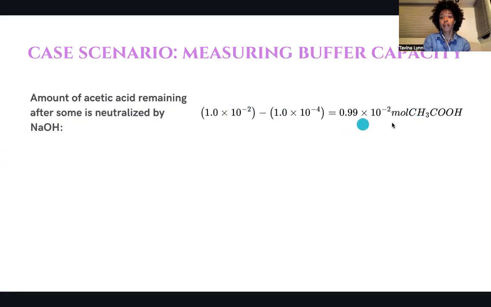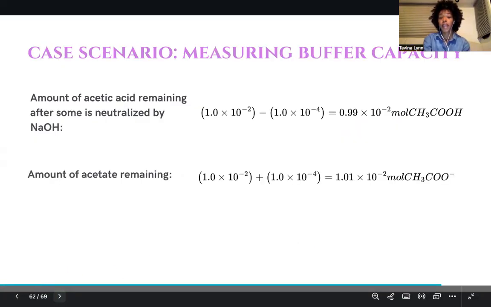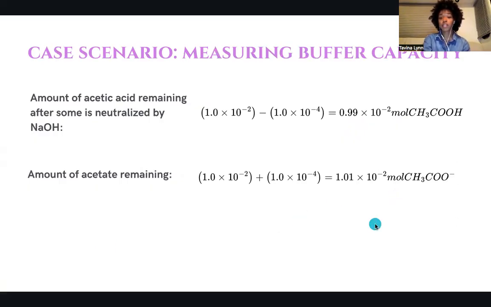So we have 0.99 times 10 to the minus 2 moles of acetic acid left over after it's neutralized by base. And the amount of acetate we have left over is 1.01 times 10 to the minus 2. So here we're going to add the amount of sodium hydroxide that is added to neutralize our acid. So we have our final molar amounts of acetic acid and acetate after neutralizing with sodium hydroxide.